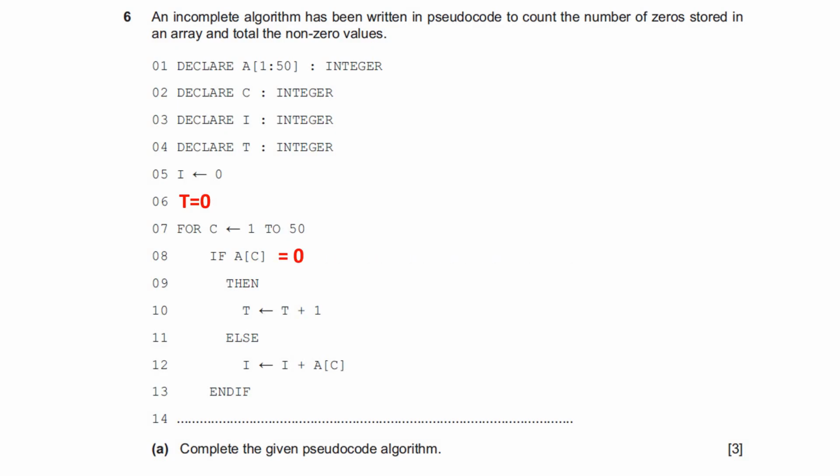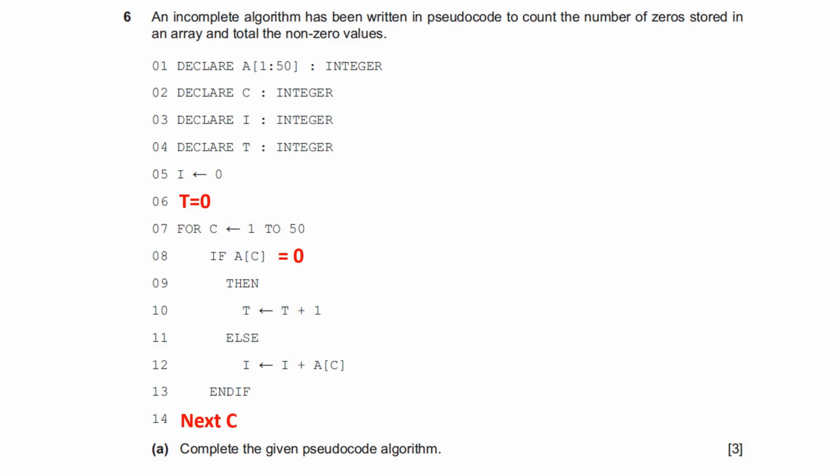Second one is if A of c equal to 0. A is the array name, c is the index. If the value at that index equals 0, then you add to t: t equal to t plus 1. That will count the number of 0s in the array.